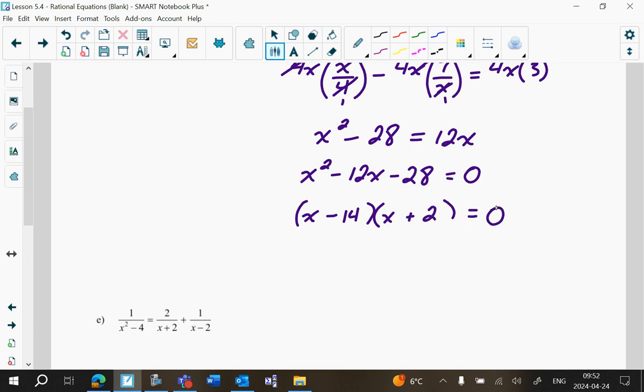So what are my two solutions? Whatever value of x makes this 0, which is 14. Whatever value of x makes this 0, which is negative 2. Check those against the restrictions. Both are good.